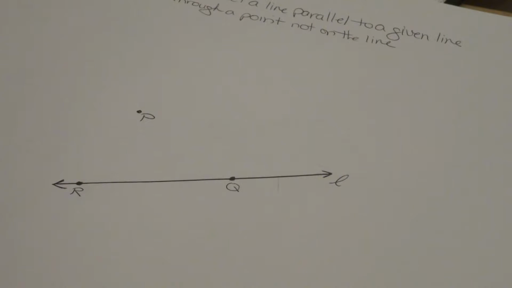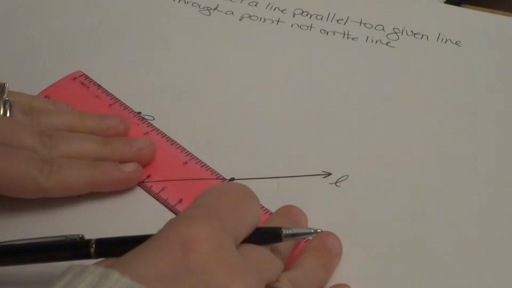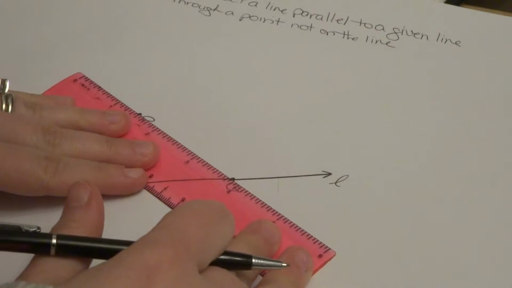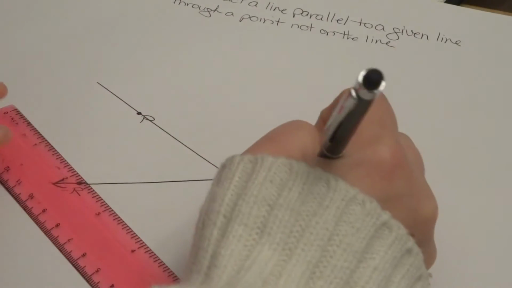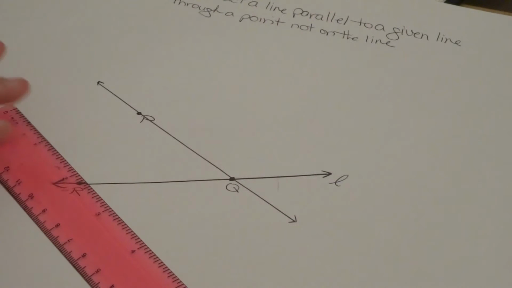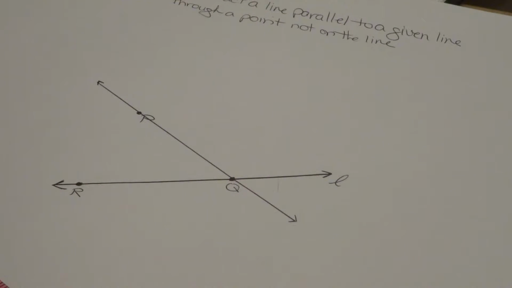And we're going to draw with a straight edge or a ruler the line going through PQ. The reason that we're doing this is because we're going to use the concept of alternate interior angles being congruent in order to verify that we are making a parallel line to the line L.